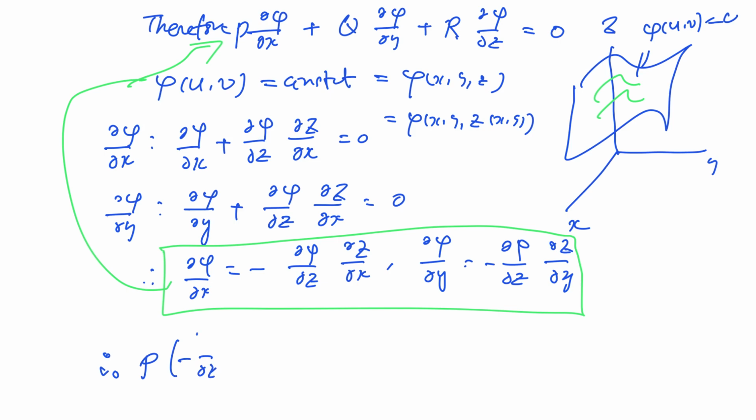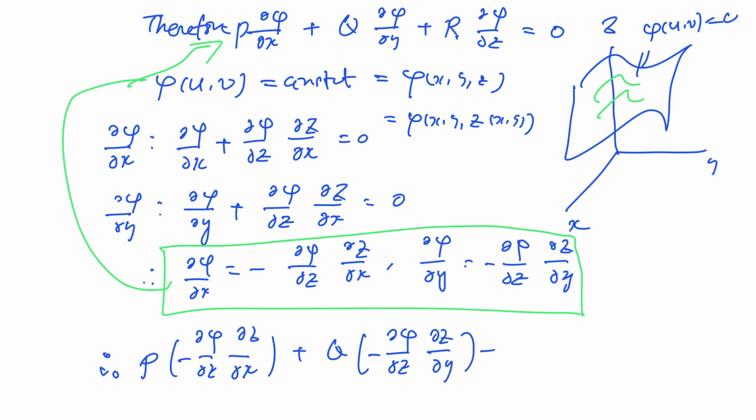minus z phi partial x partial z q minus partial z partial phi partial y partial z plus r partial z partial phi is equal to 0. So it looks like this is a common factor, so you can put them together.